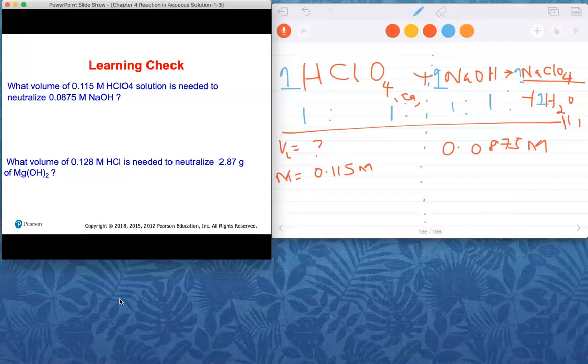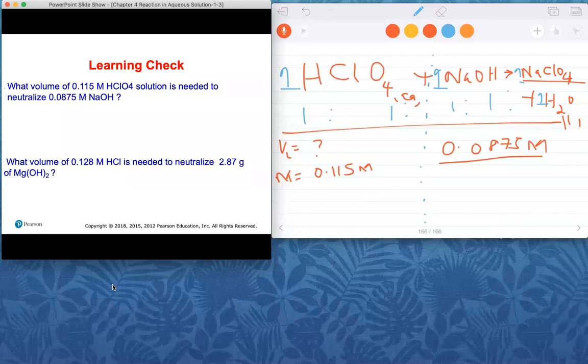What volume? We are looking for that. This is the molarity of the base needed to neutralize. So we know the volume of NaOH, and the mole ratio is 1 to 1 to 1.